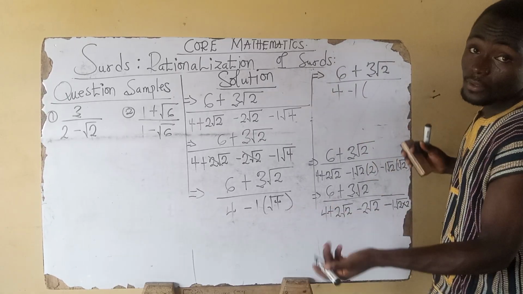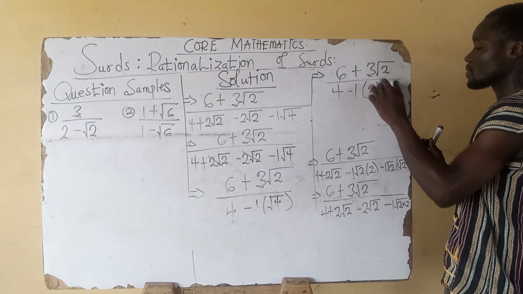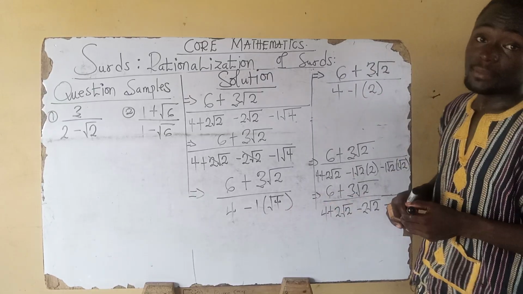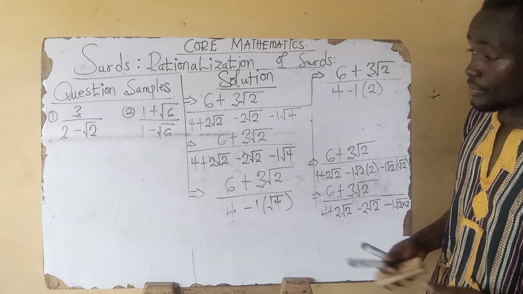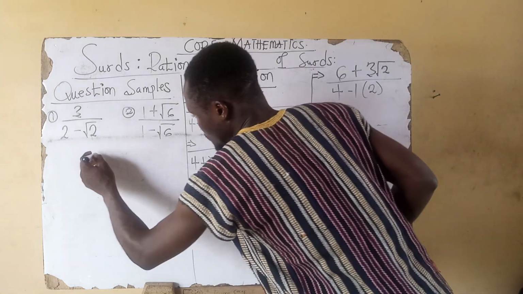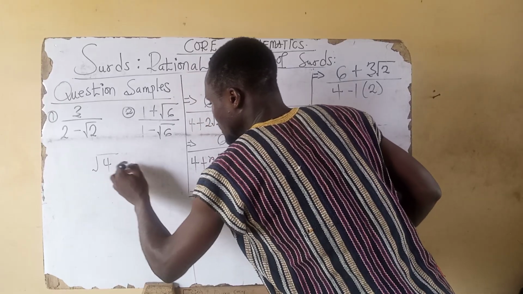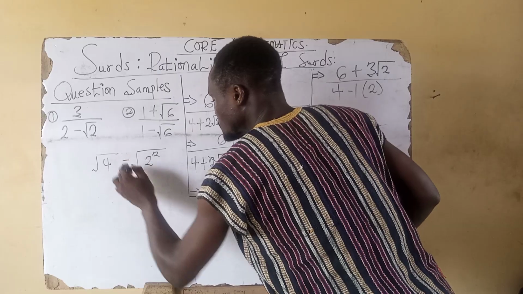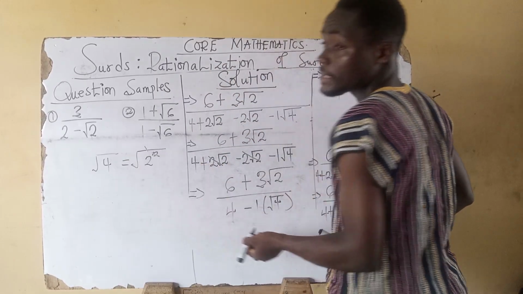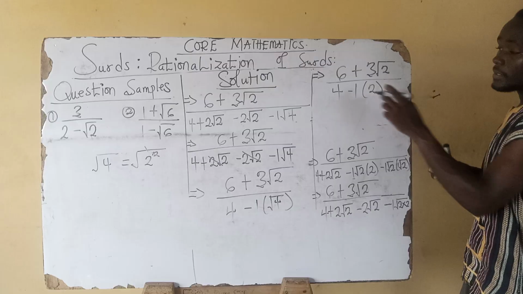You know root 4 is what? 2. Root 4 here is 2. I believe you know that. Very good. You want me to prove why root 4 is 2? You said root 4 is the same as root 2 all squared, and this square will cancel that. Okay, that is why we are getting 2 here.